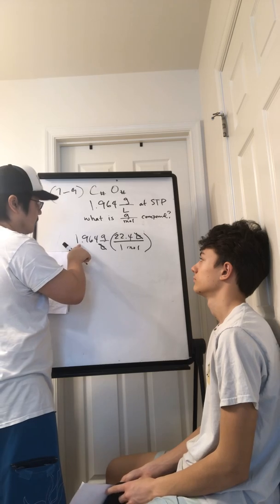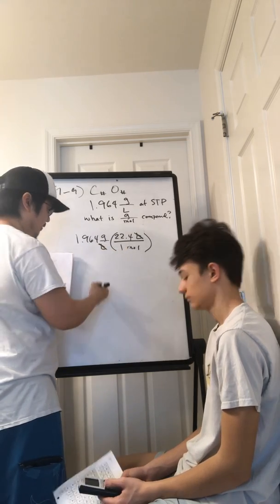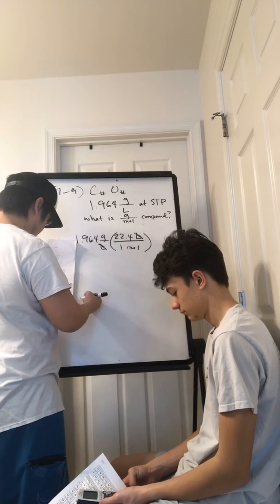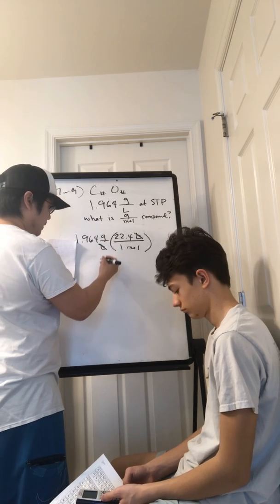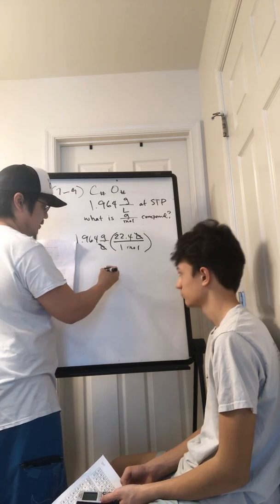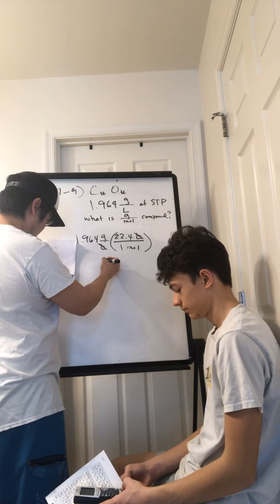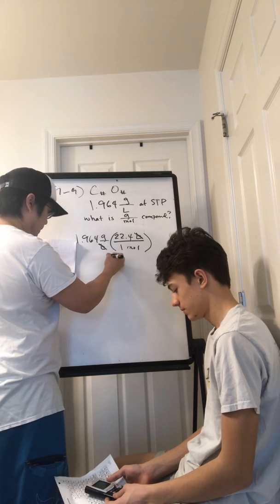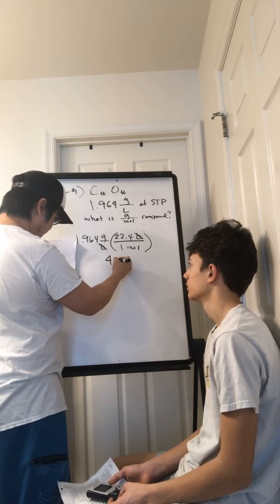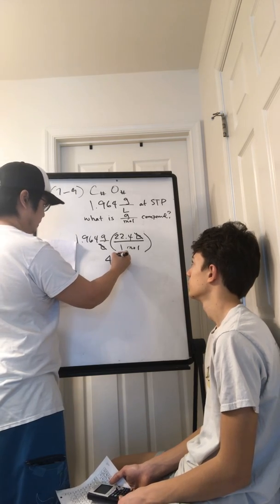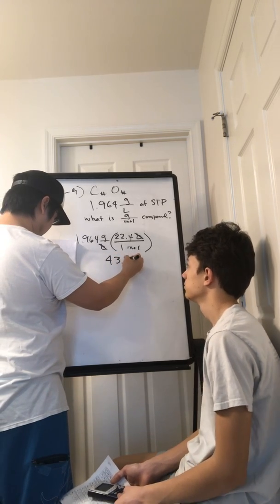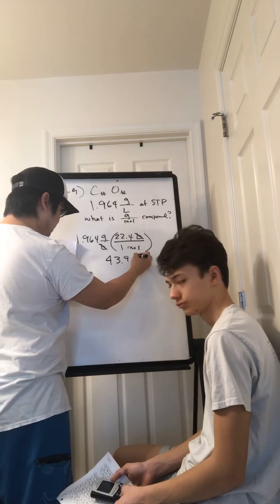So use your calculator. What is 1.964 times 22.4? What do you get? 43.9. Grams per mole.